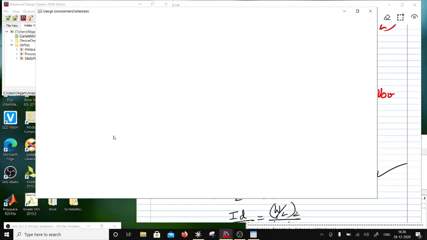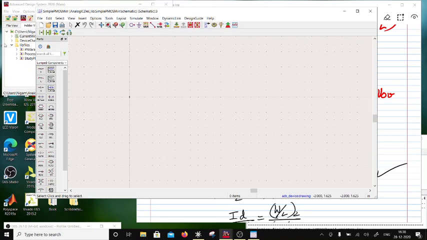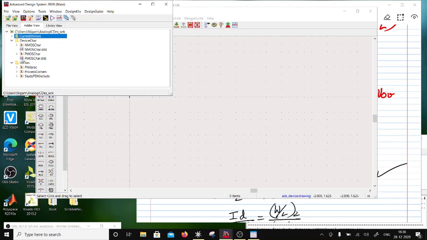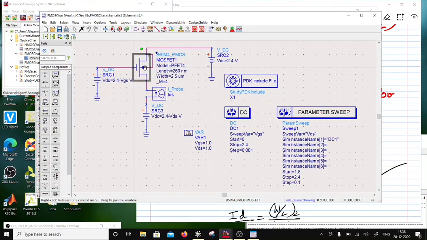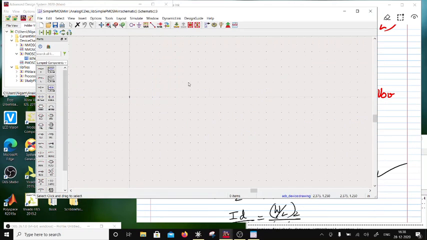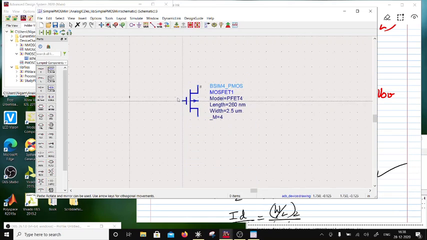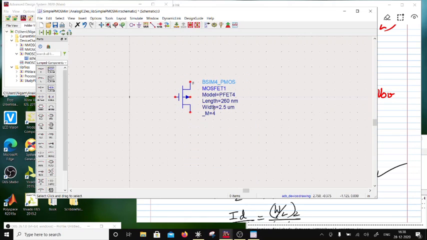If I don't want to do a lot of feeding the numbers, I can copy this, edit, copy, and paste it over here. Now I'm going to make this 130 and 2.5 back to where it was, and then I'm going to make this one 20.